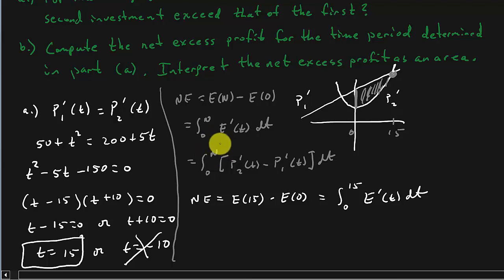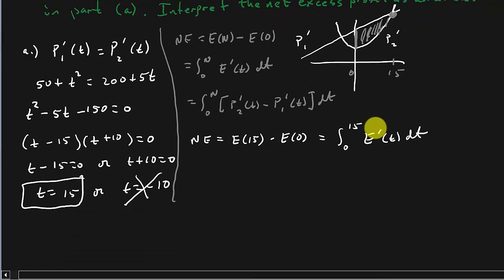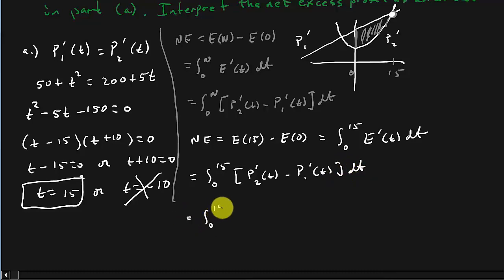I'm just following the formula that I have. That's P2 prime of t minus P1 prime of t dt from 0 to 15.